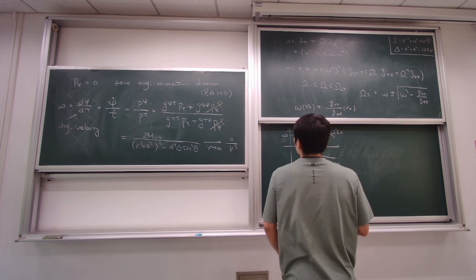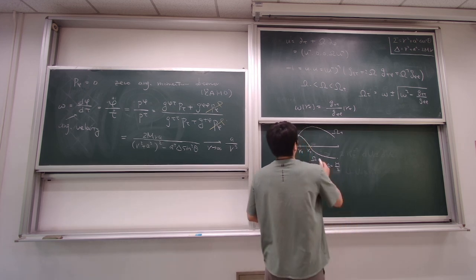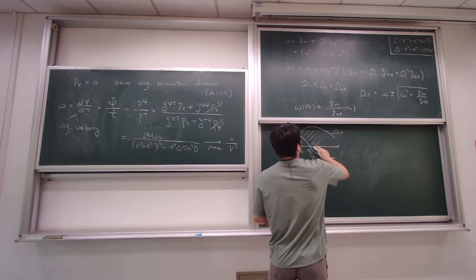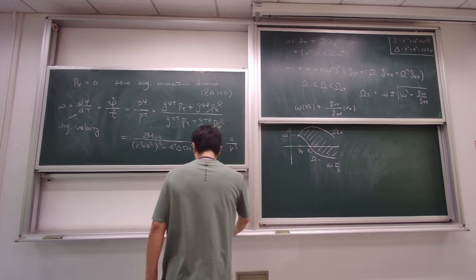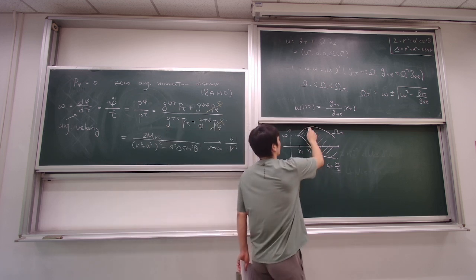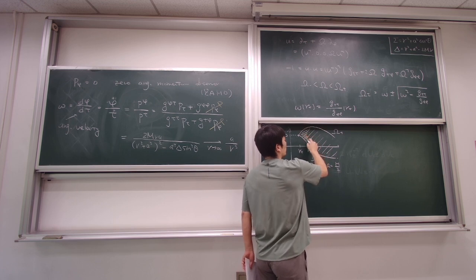Okay. Then note that in this diagram, omega can be only taken like this way. So if you look at the inside of the Auger sphere, the angular velocity will always be non-zero.